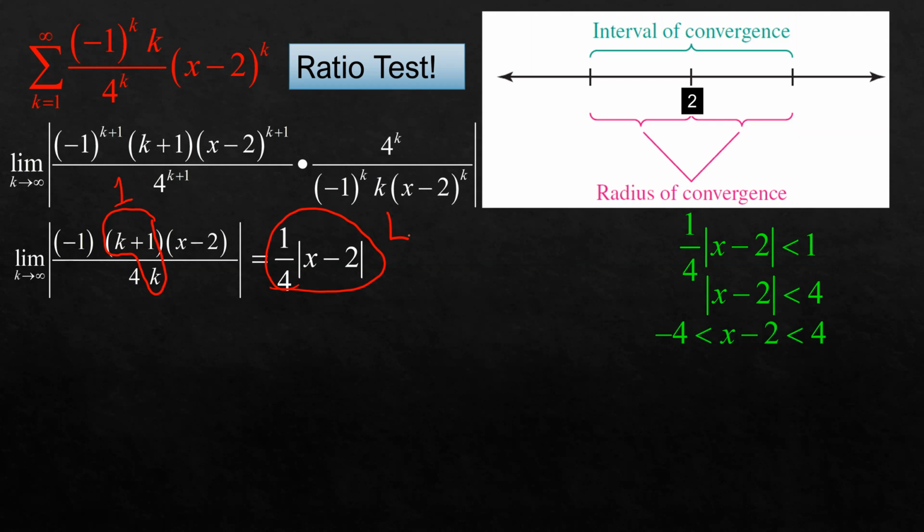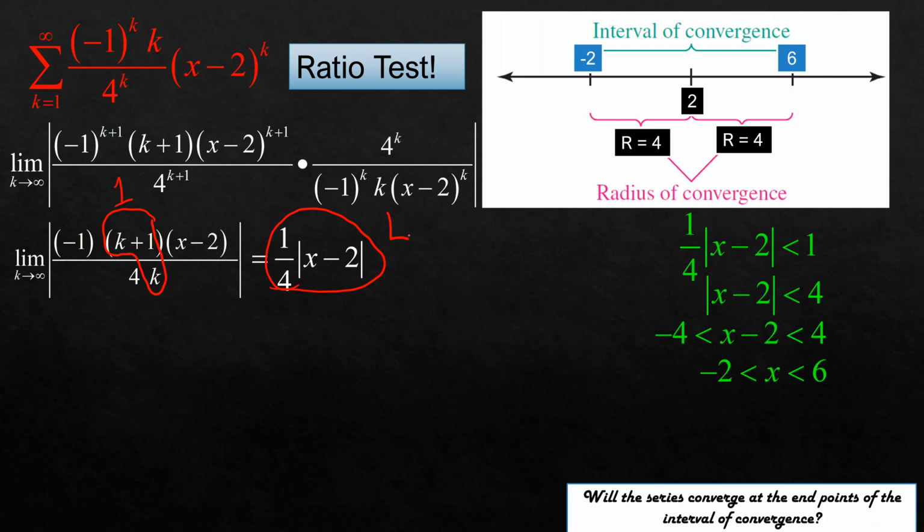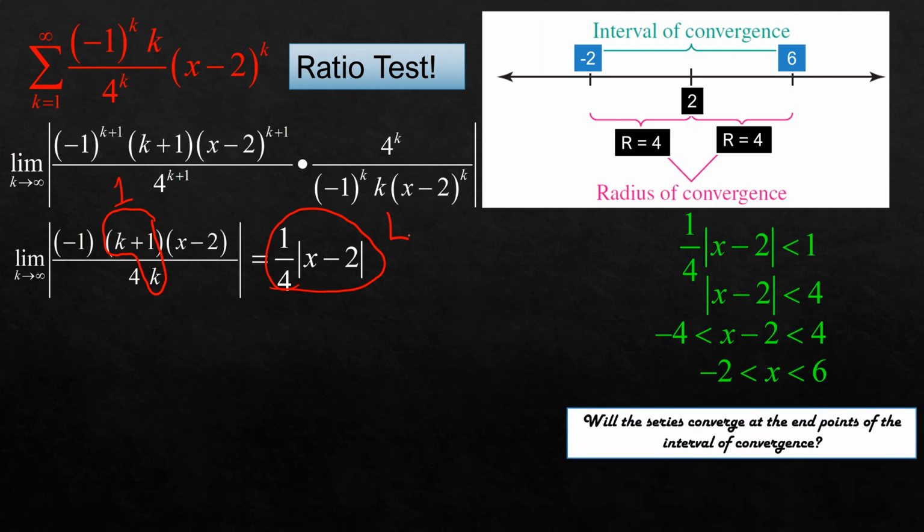So we are looking at the radius of convergence being 4, and the endpoints going from -2 to 6. What question do we need to ask ourselves before we write down the interval of convergence? What happens at the endpoints?